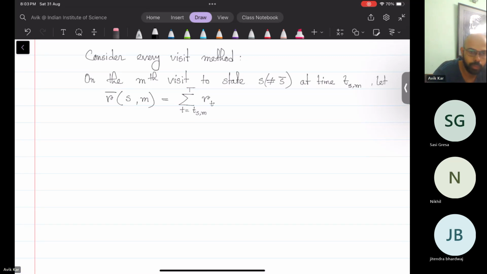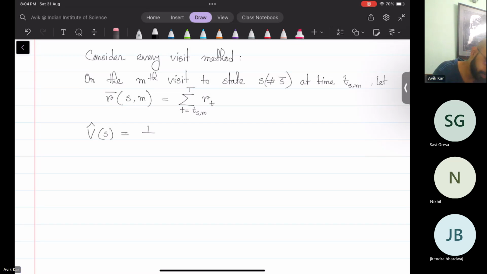Then this is the return of state s for the mth visit to state s, and we are playing a policy pi. Say this is from one trajectory. What will the estimate be?